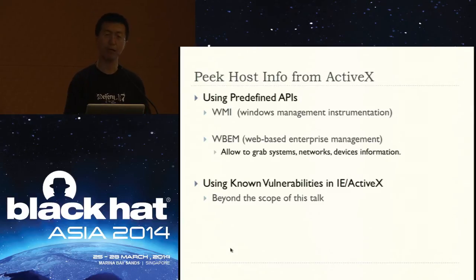We looked around and found that Microsoft supports WMI, Windows Management Instrumentation, and in particular one object called WBEM, Web-Based Enterprise Management. If you get the permission, it allows you to grab lots of detailed information about the host. Obviously, if you know more about ActiveX, there's lots of other exploitation you can do, but I'll stay on the simple side.